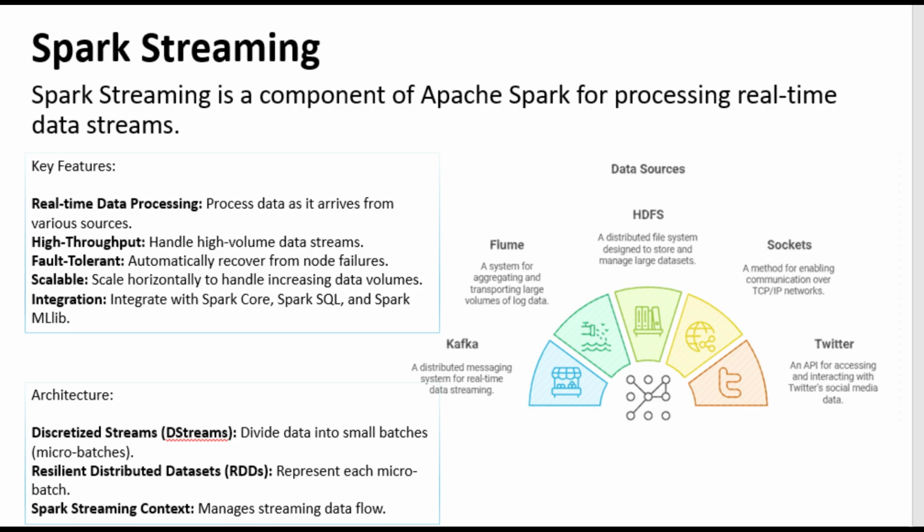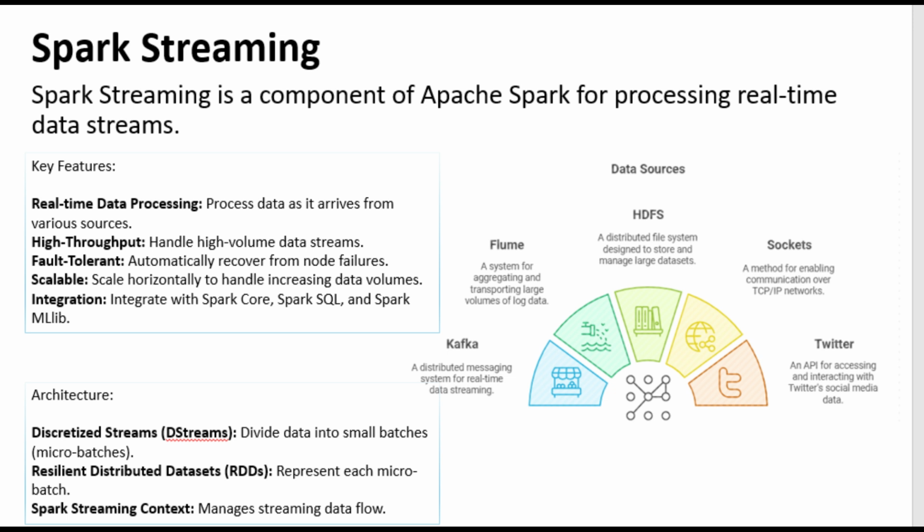Moving on to Spark Streaming, which enables real-time data processing, continuous data ingestion, and analysis of streaming data, empowering applications. Talking about architecture of Spark Streaming, Spark Streaming uses discretized streams, D-streams, and resilient distributed datasets, RDDs.